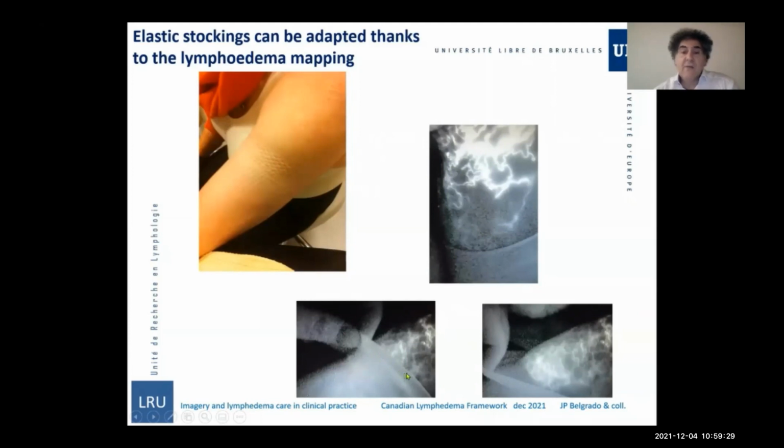The other information she gives us is that this elastic sleeve is much too small. It created a very important pressure at the point of the rubber band because of the very small surface of the rubber band. It creates a type of tourniquet. I say a tourniquet, it's not a blood tourniquet, obviously, but it's a tourniquet that's going to crush the initial lymphatics.